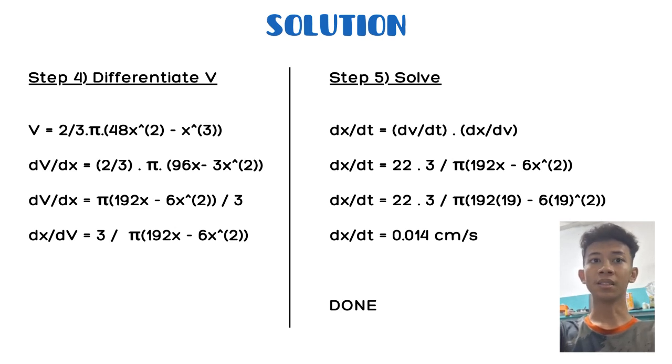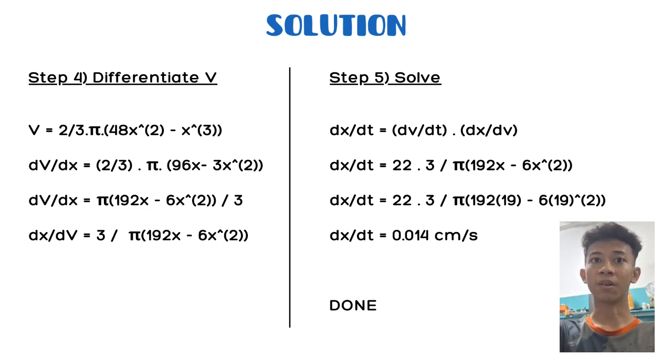Step 4. Differentiate V. V equals 2/3 times pi times (48x squared minus x cubed). dV over dx equals pi times (192x minus 6x squared) over 3. Step 5. Solve.